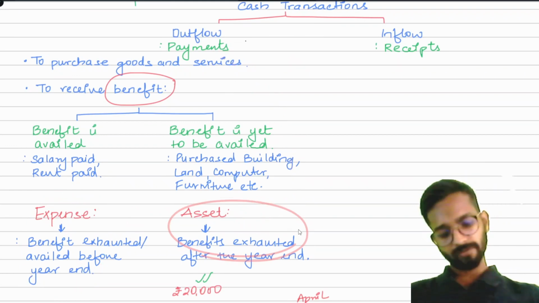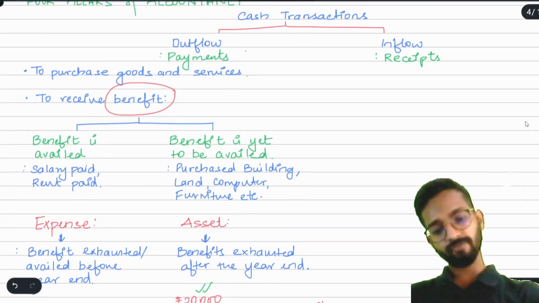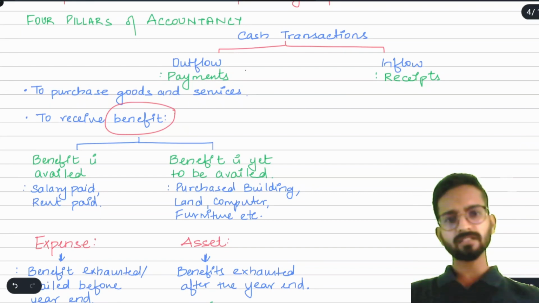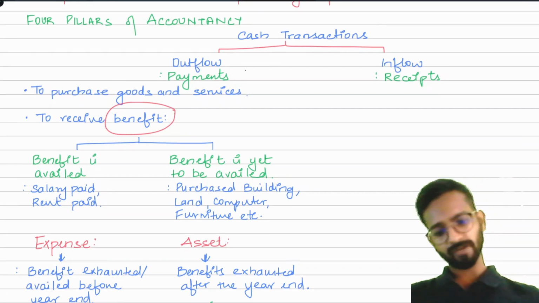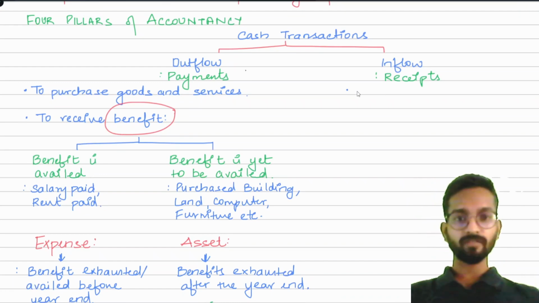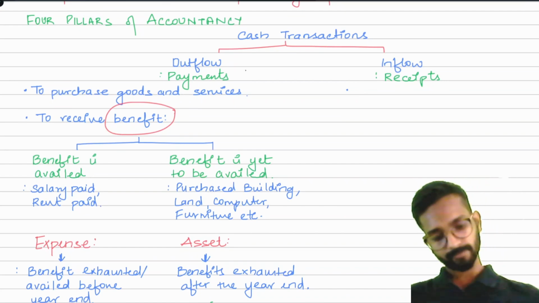Simple. Now we will understand what is inflow. Understand this thing. Whenever there is inflow of money, inflow of cash, why do we get the money? Either we would have earned some money, or I would have borrowed the money.